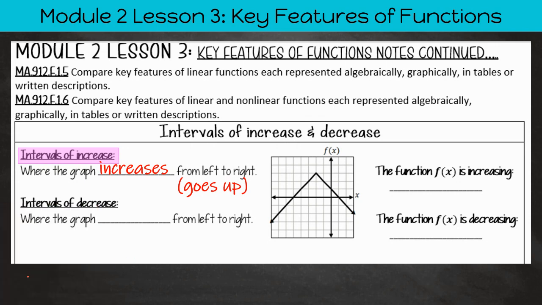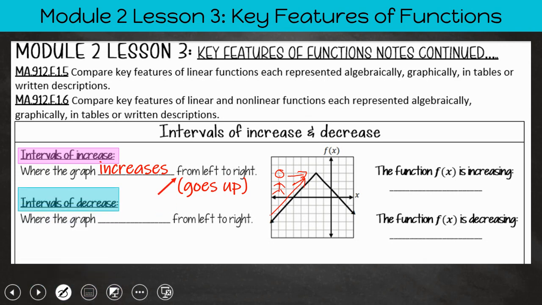Okay, so I'll try to draw a stick figure guy real quick. And he's going from left to right. He always walks from left to right. So if he's going from left to right, he is going uphill. Well, that's when the function is increasing or going up.